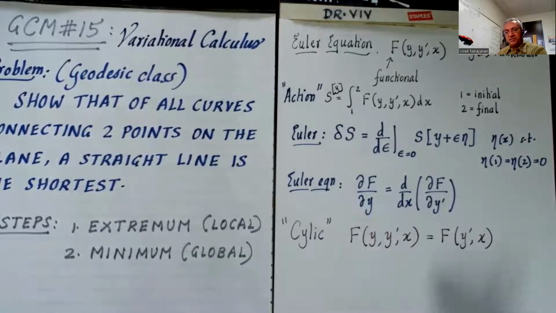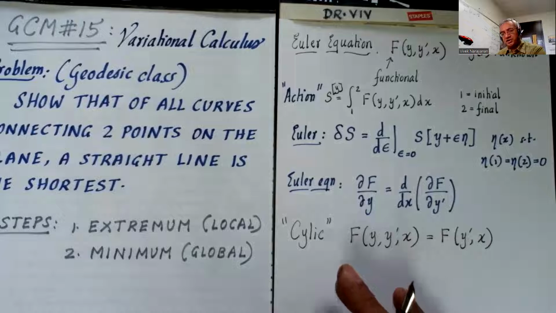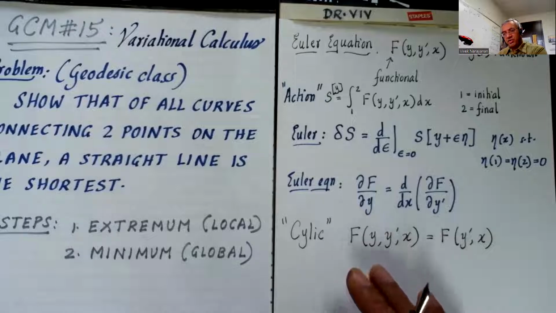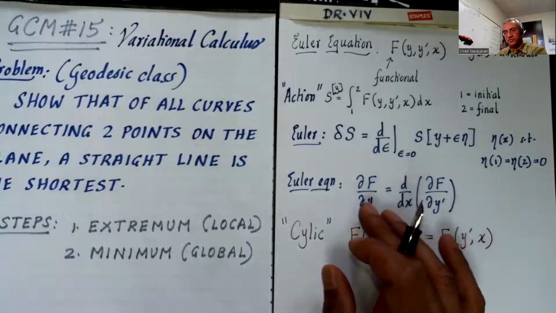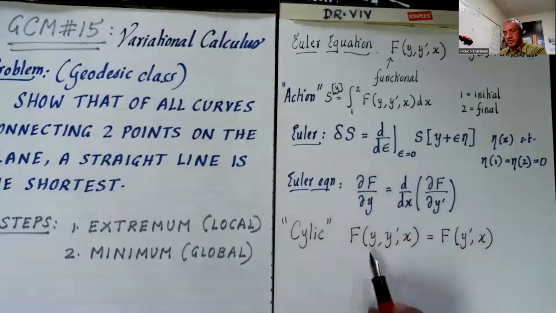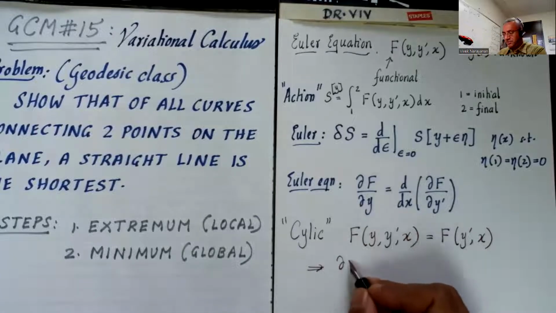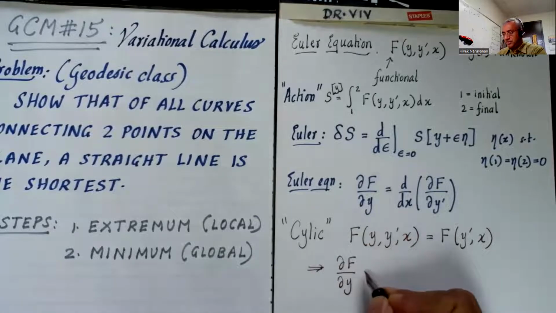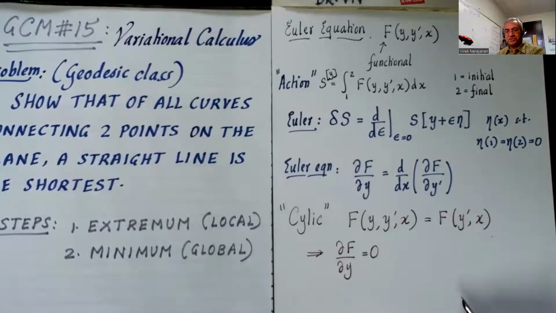The cyclical terminology is inspired by the notion of a cyclic coordinate in Lagrangian mechanics. In Lagrangian mechanics, if the Lagrangian is independent of a coordinate, the corresponding momentum is conserved. So we're going to see that here also. If a coordinate is cyclic, then clearly the derivative of F with respect to y will be 0. Why is that? Because there is no y in the functional.